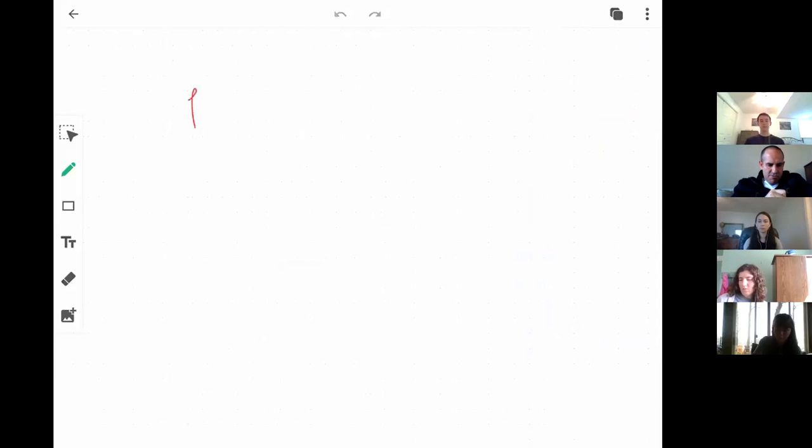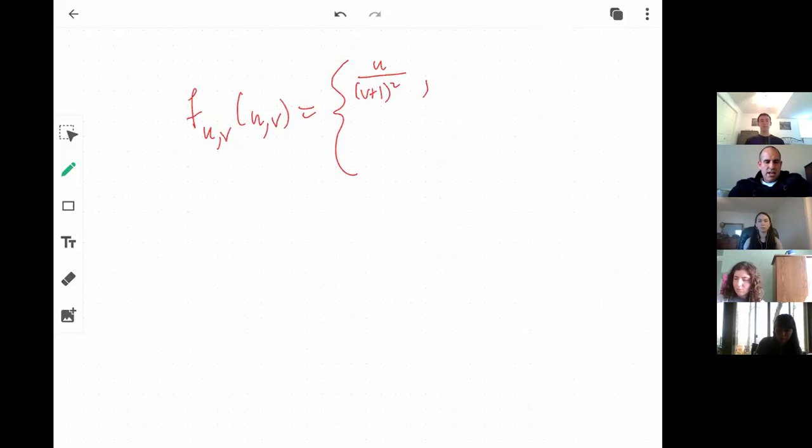So I get f UV of U comma V is going to be equal to U over V plus 1 squared. And that was whenever X and Y were between 0 and 1, right? But what was Y equal to? Help me out again.